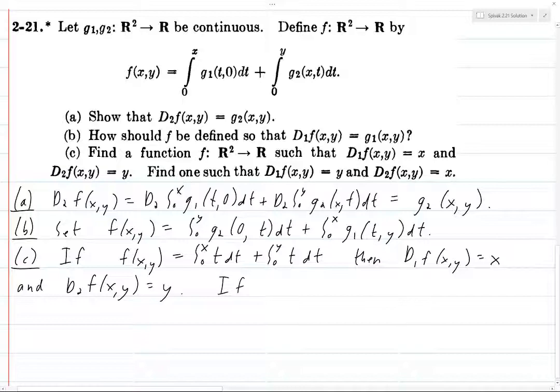So then for the second one, if you want to set f of x, y to be, well, you could start by trying to set g1 of x comma y to be x, so that you'd have the integral from 0 to x.